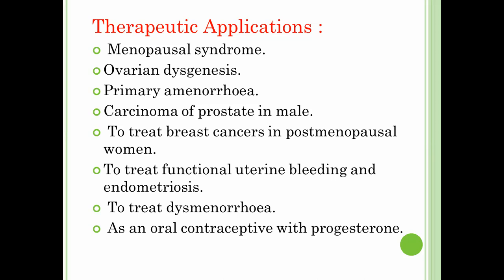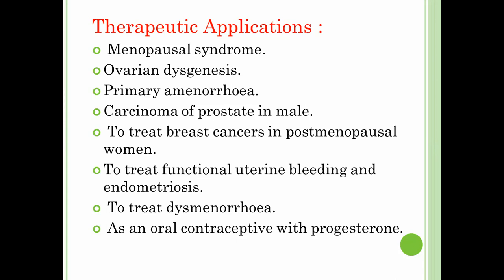Then next, ovarian dysgenesis. Ovarian means the ovaries, which are part of the female reproductive system, and dysgenesis means abnormal organ development. In such a condition, estrogen, either synthetic or natural, is given.